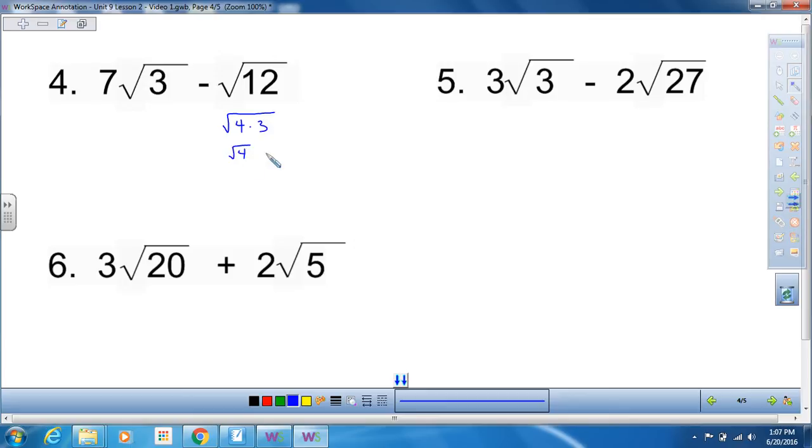So I simplify it like this. Okay. So let me just bring this one down because there's nothing to be simplified there. Now I have like radicals. So 7 square root of 3 minus 2 square root of 3 would be 5 square root of 3.